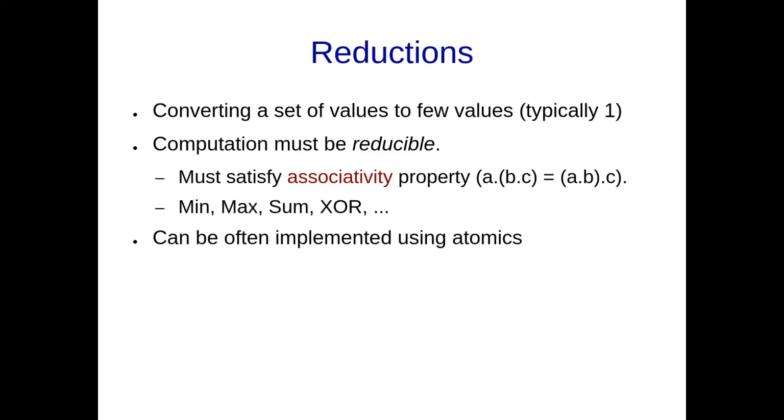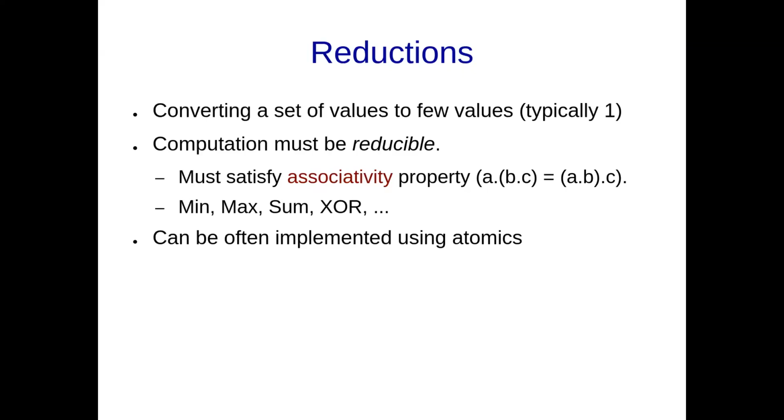Sometimes some of these operations can also be implemented using atomics, as long as the hardware supports the corresponding atomic instruction. For example, I can find atomically the max of A and B and apply it atomically to C, which is equivalent to applying atomically the max of B and C and then applying it to A, and so on.